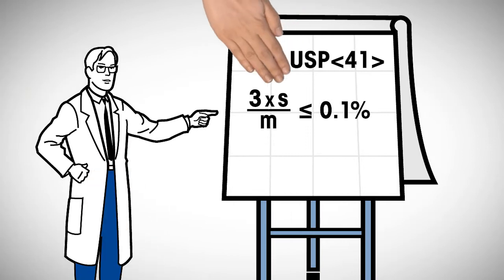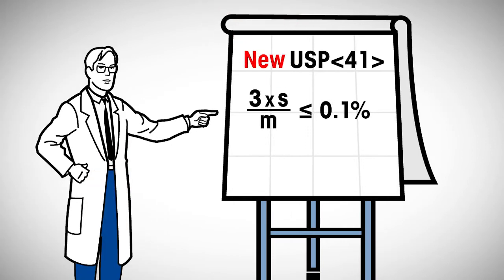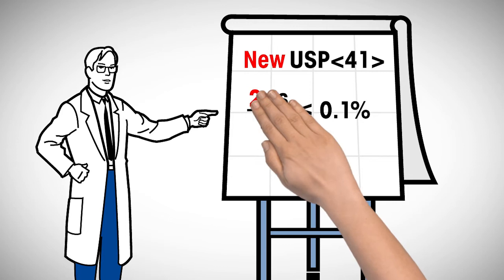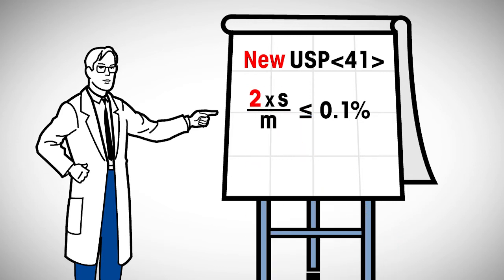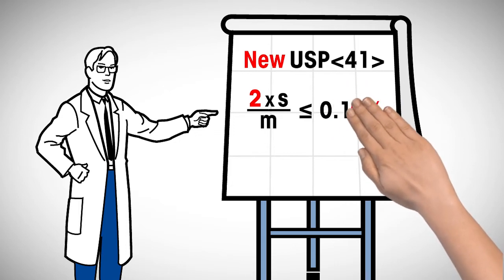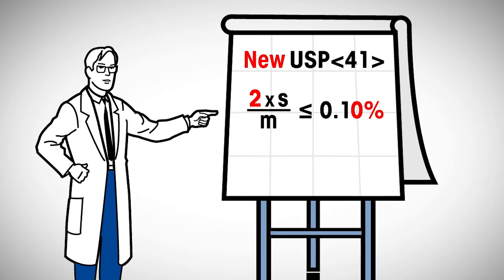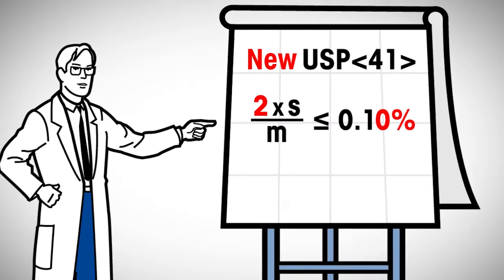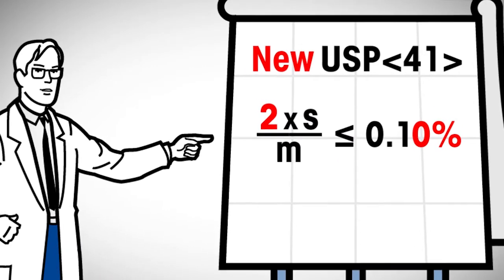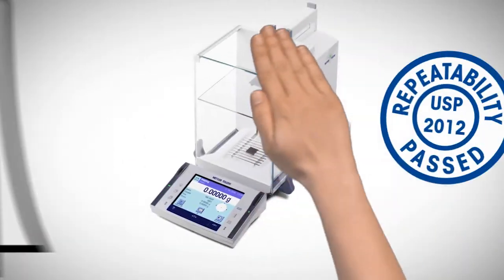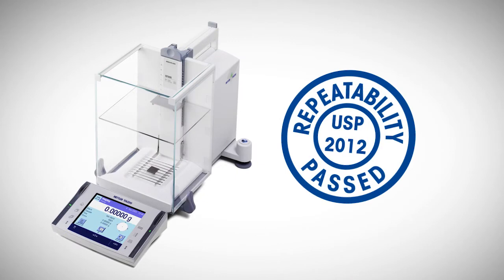In the new USP 41, first, the expansion factor goes down from 3 to 2. Second, the weighing tolerance changes from 0.1% to 0.10%, meaning a deliberalization of rounding. These 2 changes reflect current metrology practices and virtually compensate each other, so in most cases the minimum weight will remain unchanged. This change was pretty straightforward.